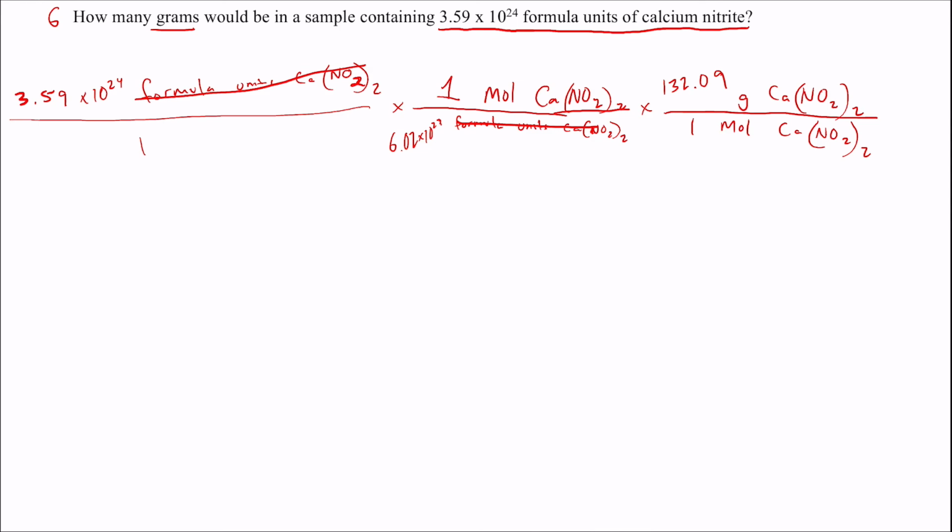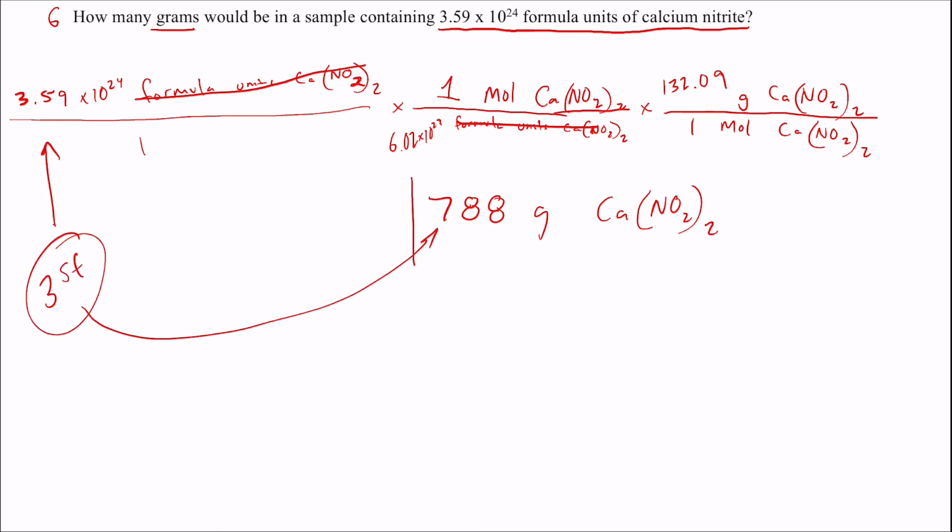Now, when you solve this one, you're multiplying across, you're dividing by 6.02 times 10 to the 23rd on the bottom, and that should give you 788 grams of calcium nitrite. And there's 3 sig figs, so our answer should have 3 sig figs as well. All right, and that was number 6.